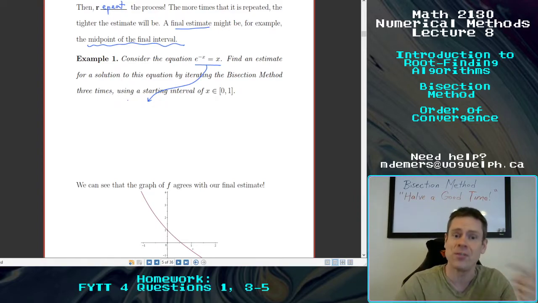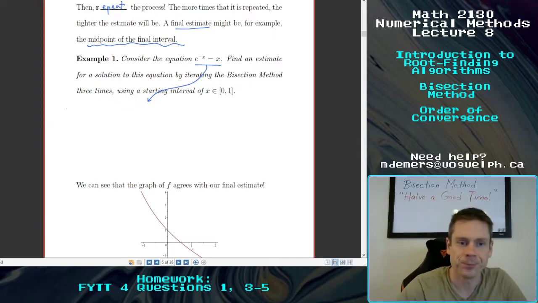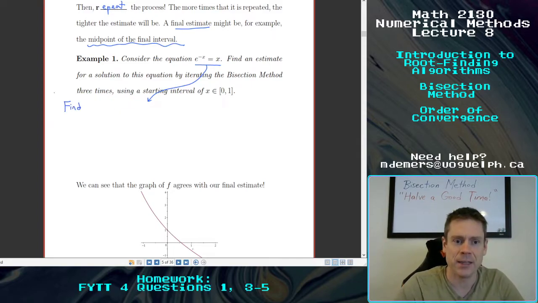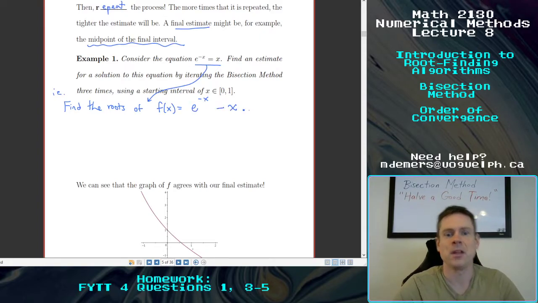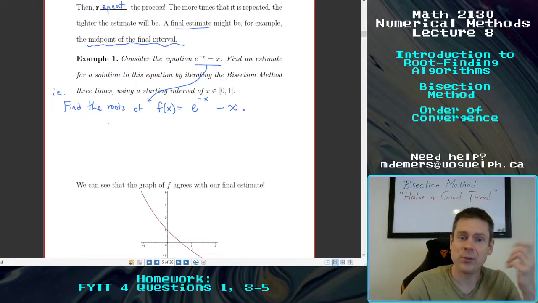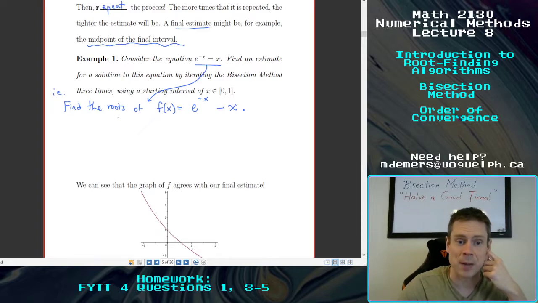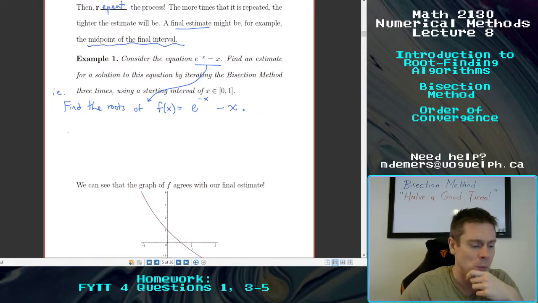If we find the roots of that, we solve this equation. So we want to find the roots, and I'm going to define the function f of x equals e to the minus x minus x. If we do that, then we will have solved the original problem.